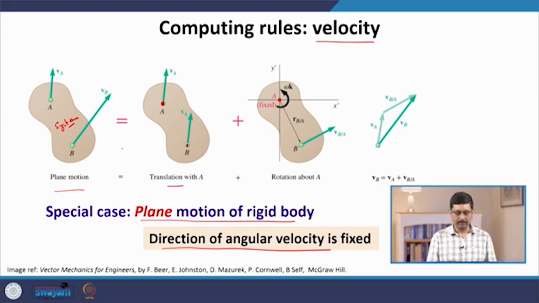The object is doing some combination of translation and rotation. So it is always possible to break the motion of any other point B as a translation of the point A plus rotation about the point A. So, a translation of the point A and a rotation of the point B about A. This is going to be our strategy.